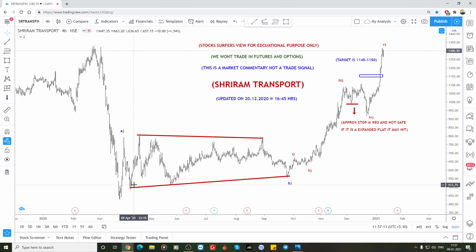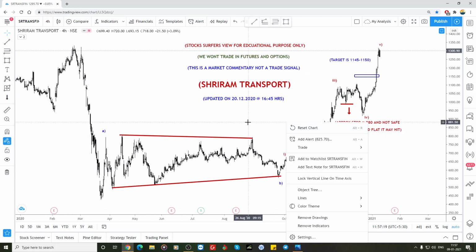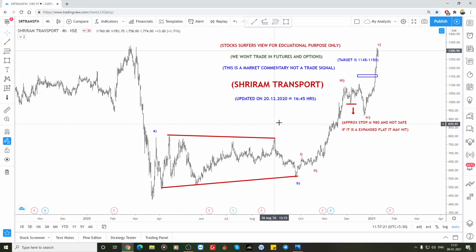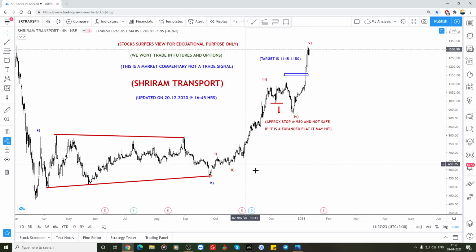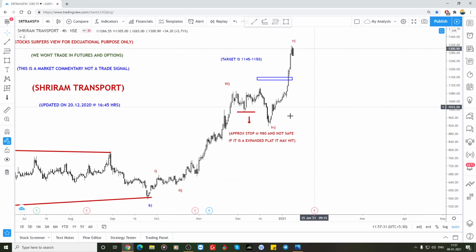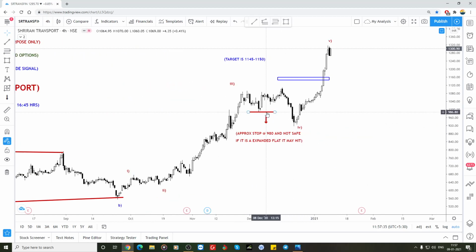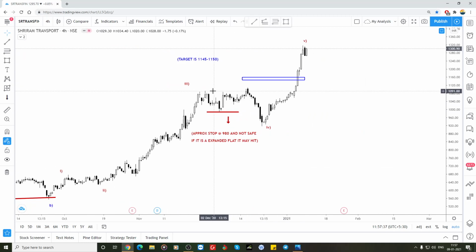It's B, C, D, and E. See, in the previous 3 months, I was just watching this; one of my friends had shared it with me. After that, it's looking very good, and A, B, 1, 2, 3 is finished. Up to here, I just watched this, and what I thought here, it's already broken the high.